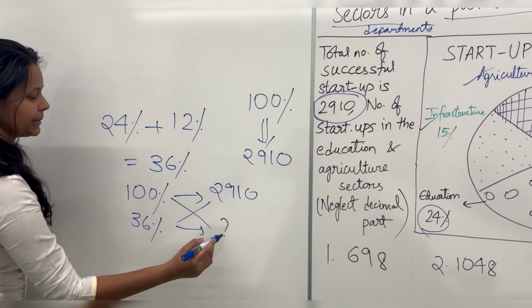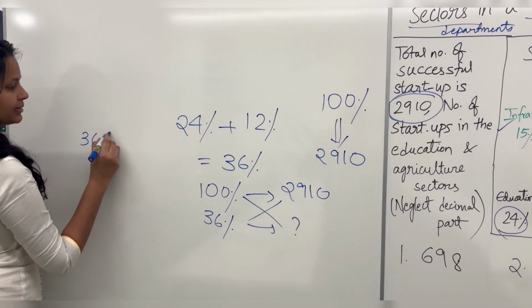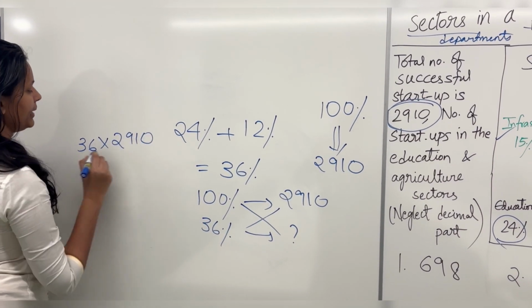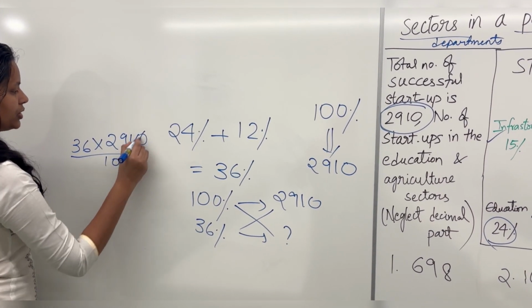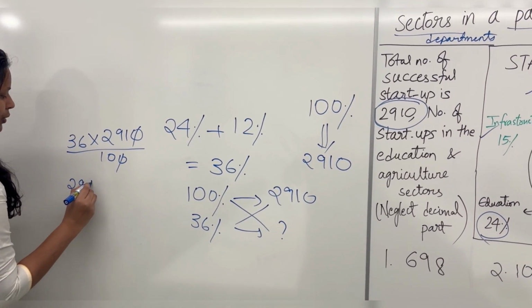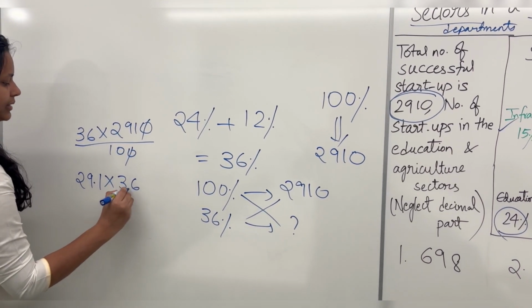We need to cross multiply. That is 36 into 2910 by 100. The zeros get cancelled. We get 29.1 into 36.